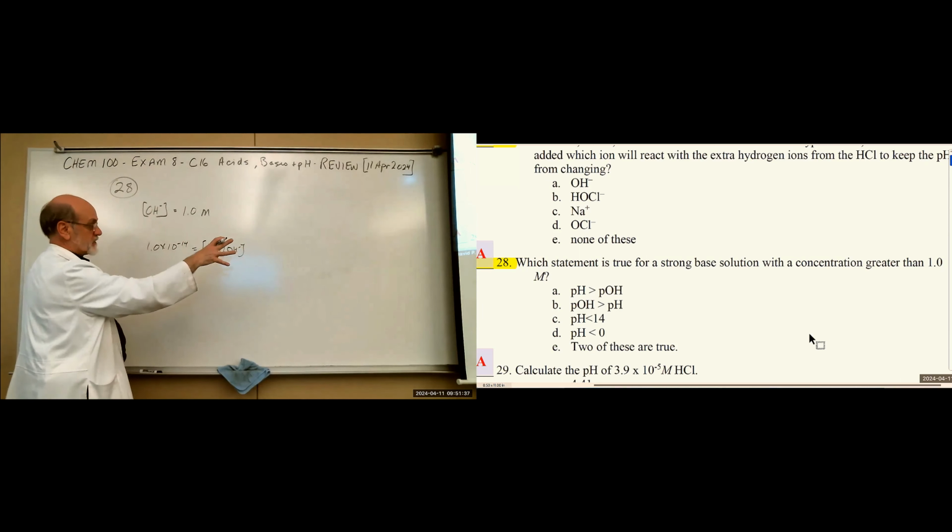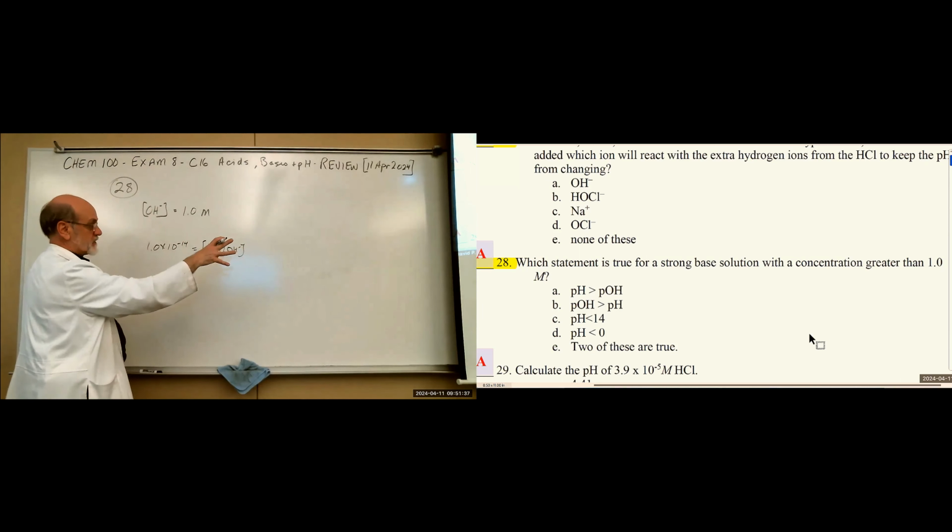In aqueous solution, remember, this product at 25 degrees is always 10 to the minus 14. Okay? So if we say A, B, C, D, and E is all of these can exist.